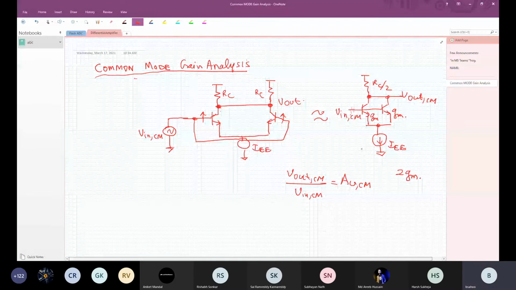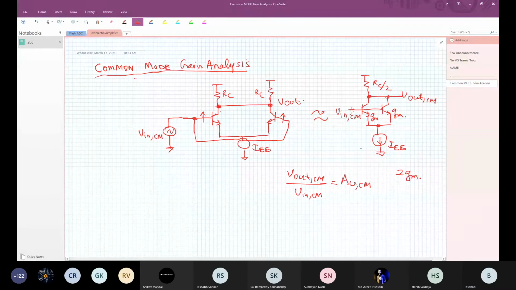Sai Ram Reddy? Sir, if there is no RO, then... No. Suppose there is RO in this also, let there be RO. Can the current through this circuit change? Since we are giving a constant current source, I don't think the current can change as a whole. Then what will be the gain?